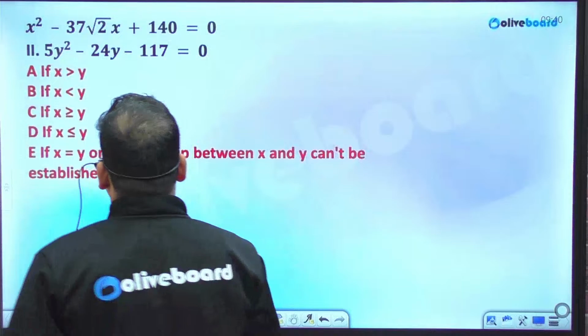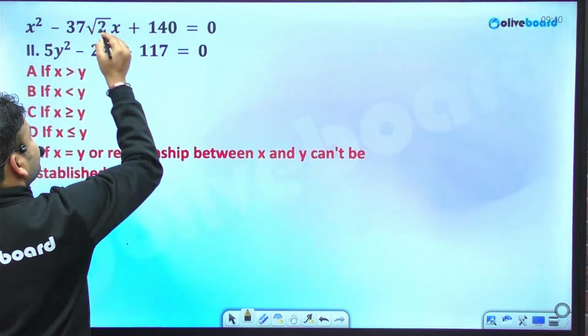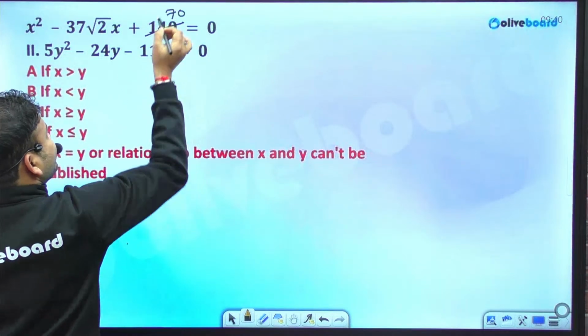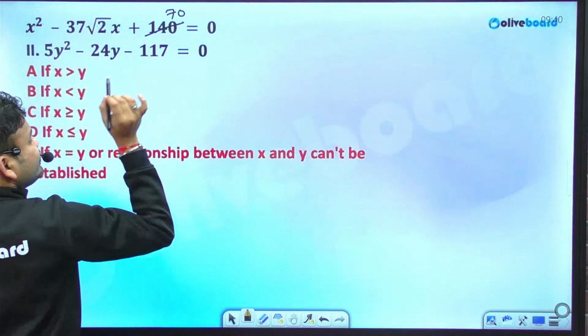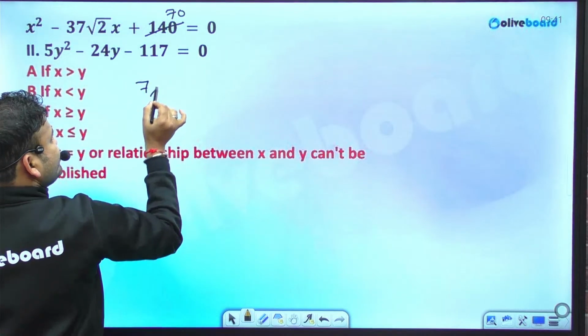Okay, what to do? 140 को 2 से divide कर दो. The moment you are dividing this by 2, this will become 70. 70 के ऐसे factor करो कि 37 आ जाए. 70 can be written as 7 and 10, 7, 2 and 5.